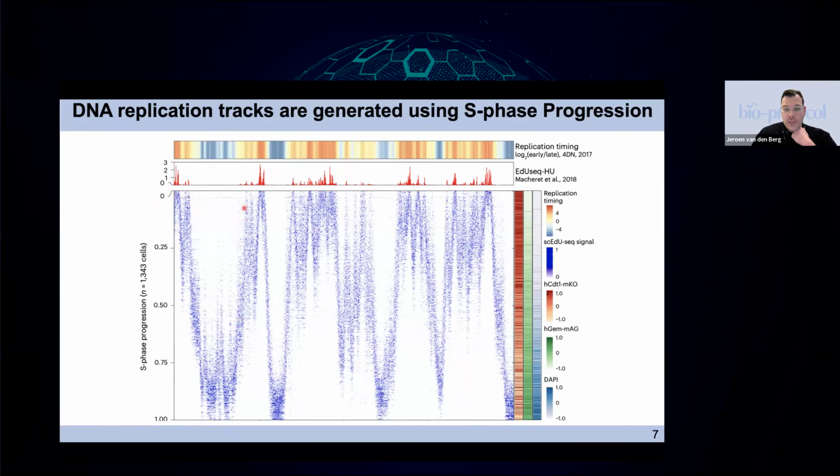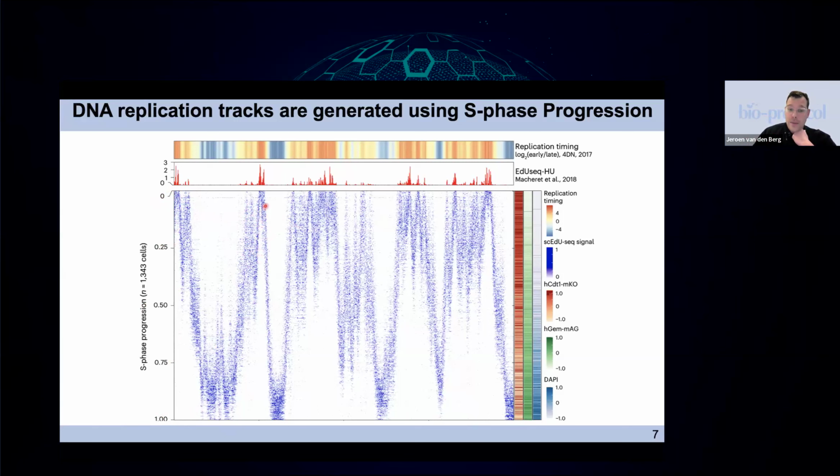What we can observe in these kinds of plots is that there is a highly structured signal. Most of the plot is mostly empty. So there's not DNA replication everywhere at any given time, but it seems to be highly structured.